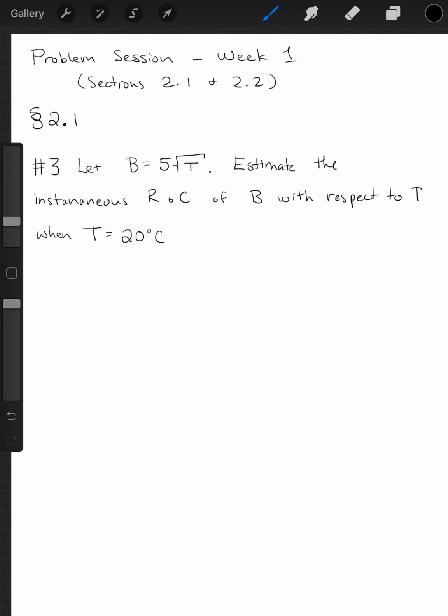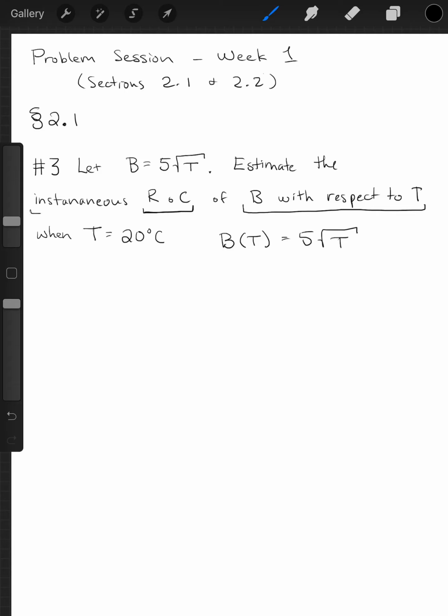Right? So, looking at this problem, breaking it down to its pieces, this means that we really should consider this to be b of t equals 5 root t, right? When you're talking about something with respect to another thing, that means the first thing is your function and the second thing is your variable.